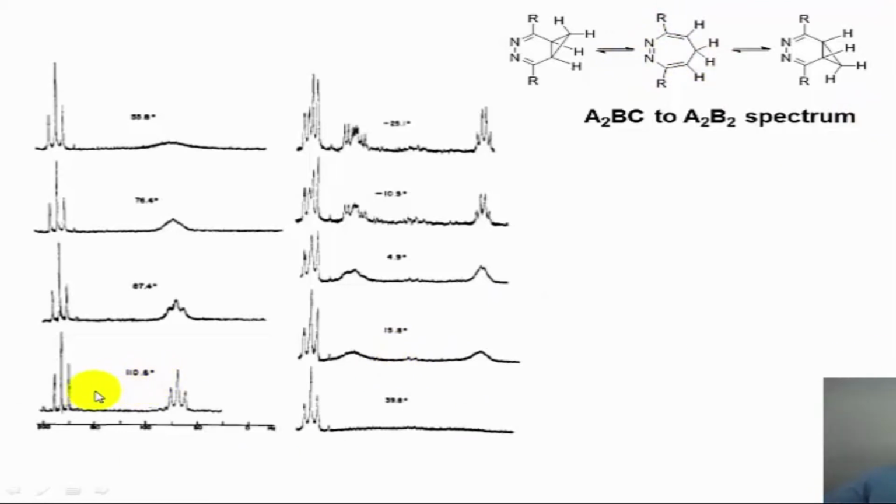At 110 degrees there is a rapid molecular rearrangement taking place. So NMR is essentially seeing the average of the two structures, which corresponds to the structure in the middle, and as a result you see a triplet and another triplet for these two hydrogens, which are methylene hydrogens, and these two hydrogens, which are vinylic hydrogens. The vinylic hydrogens come at a higher delta value compared to the methylene hydrogens in this particular system.